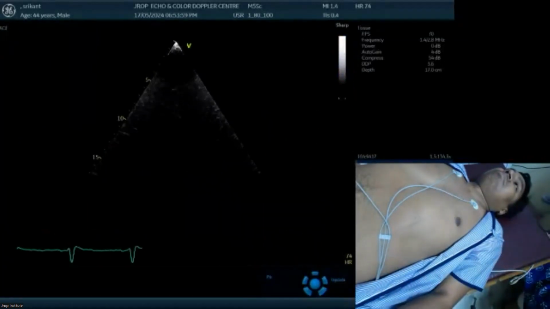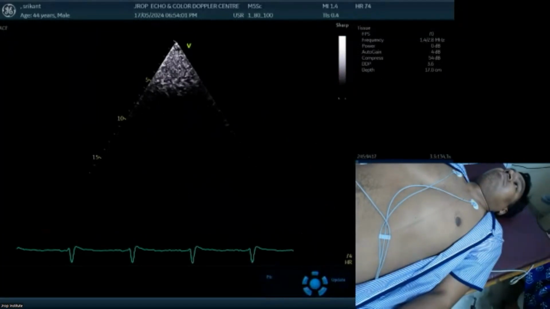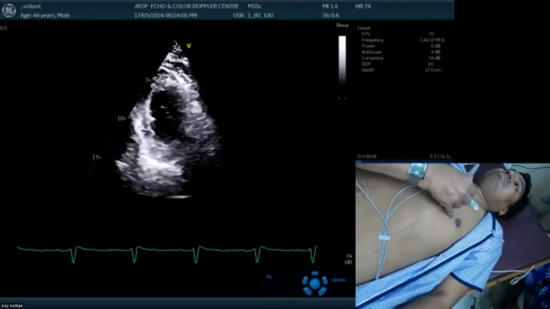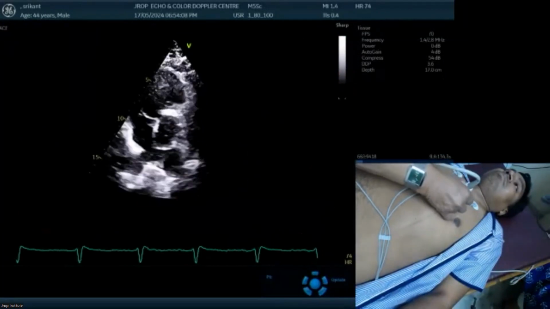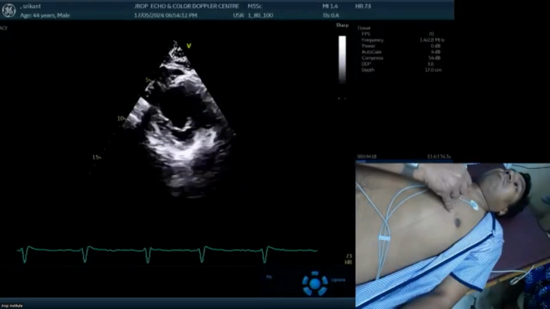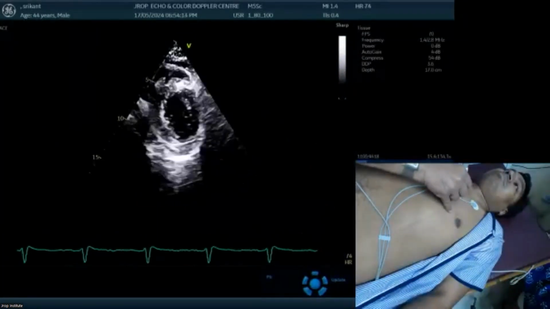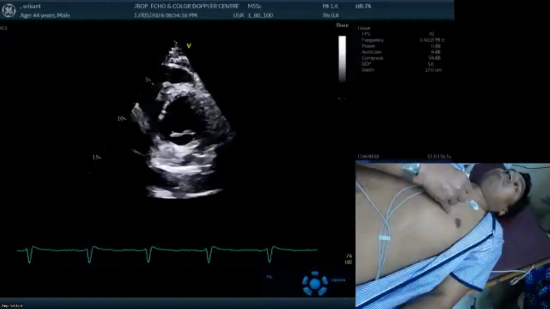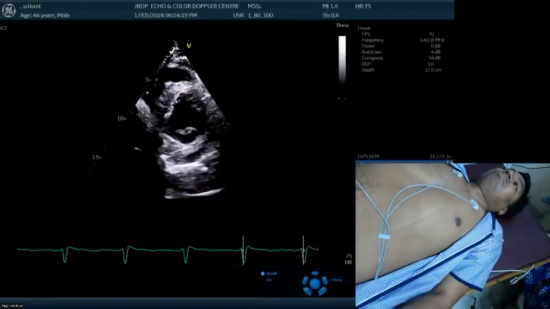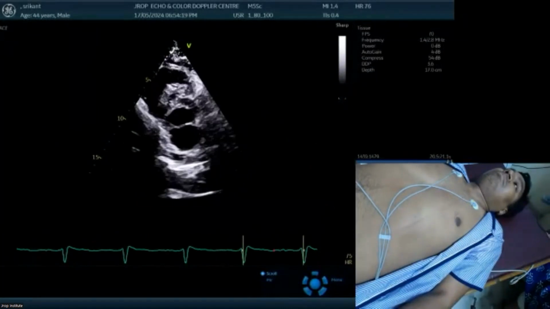Similarly, in this window, we look at mitral valve area by planimetry. So calculating mitral valve area by planimetry, we have to go towards papillary muscle first and then very gradually come back to mitral valve.